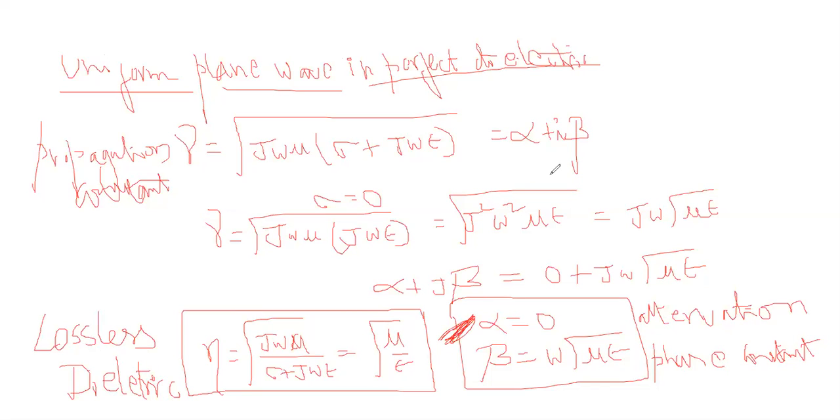Then what is a lossy dielectric? Lossy dielectric means the sigma is not at all 0. Let us see the lossy dielectric.